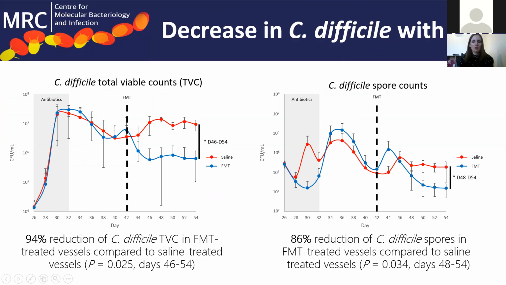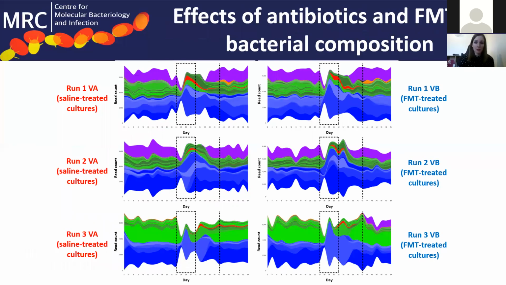So something else we can do, because we have these artificial gut systems, is we can sample them as much as we want. So we sampled them every other day over the course of our experiment, and we can start to get an idea of what the baseline looks like before we give an intervention. Looking at this top left figure here, you can see the stable baseline, and then in this box region, it's showing when we were giving antibiotics.